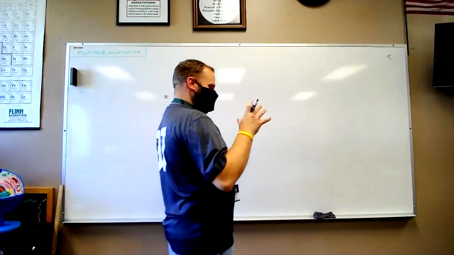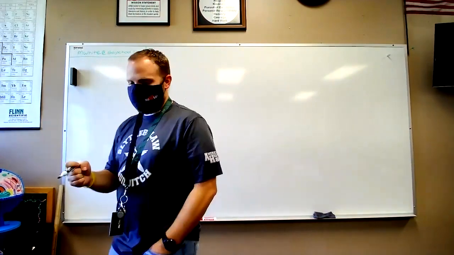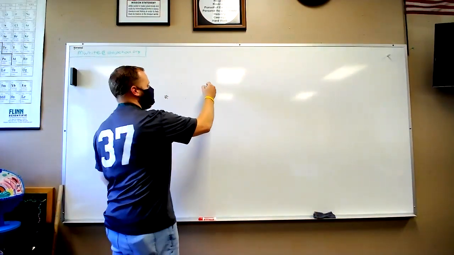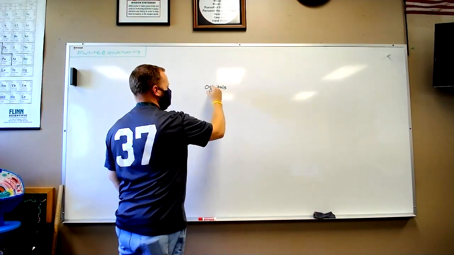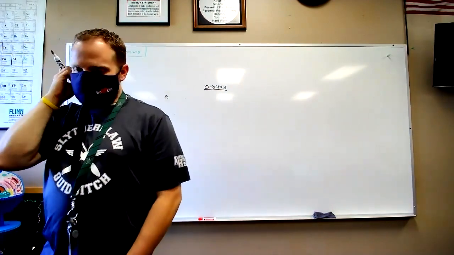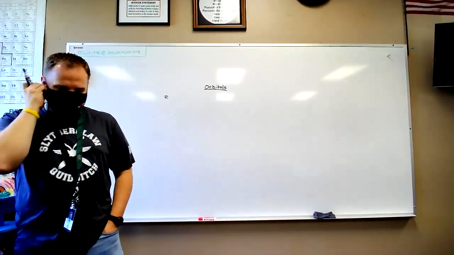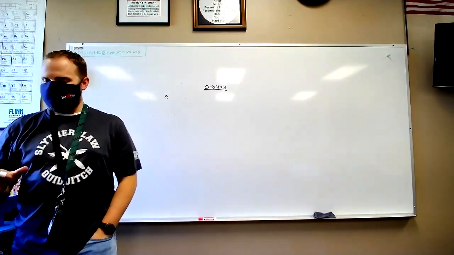And these areas where the electrons are more likely to be, we call orbitals. Okay. And there's pictures of the different orbitals. Okay.